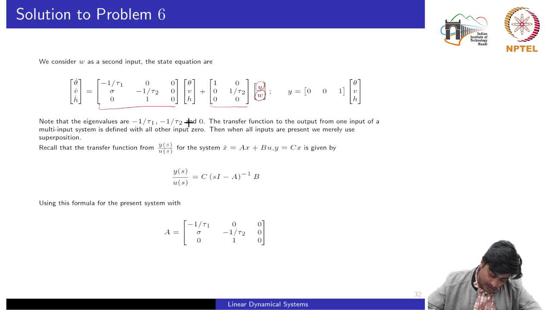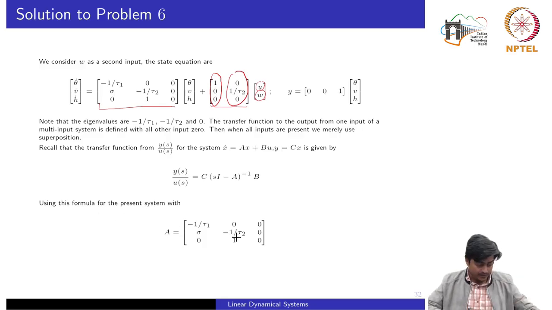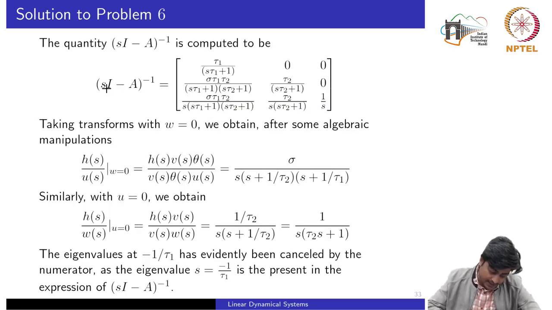The transfer function you can compute using the standard formula which we have seen many times, that is C into (sI minus A) inverse into B. By putting in B as this one time and another this, you will obtain two different transfer functions with respect to U and W. Using this formula for the present system with A, first we compute (sI minus A) inverse, which is given here.